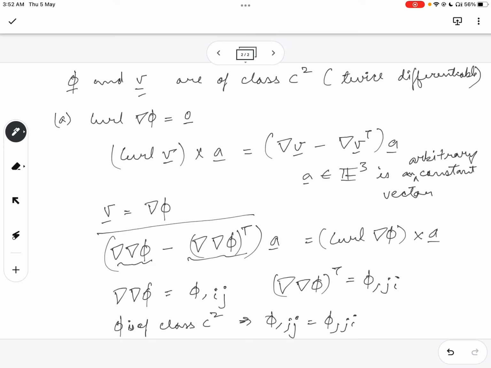Therefore, this quantity is 0. It is the zero tensor. Therefore, this implies that curl of del phi is 0. This is 0 because a is an arbitrary vector. So for all a, curl of del phi cross a is 0, which implies that the curl of the gradient of a function is always 0.